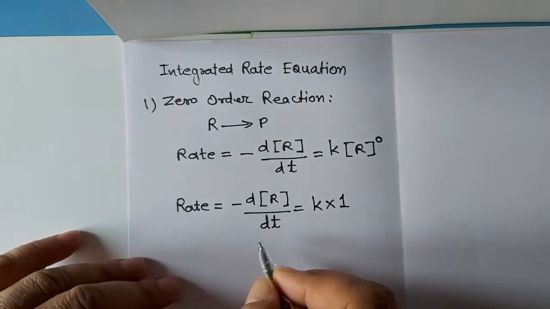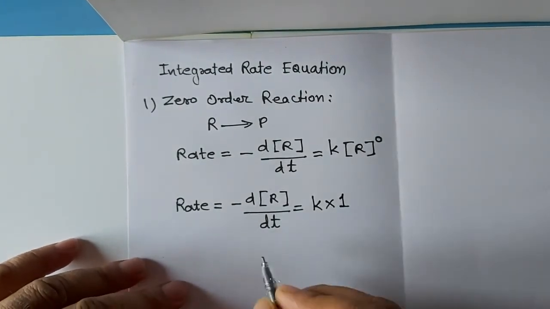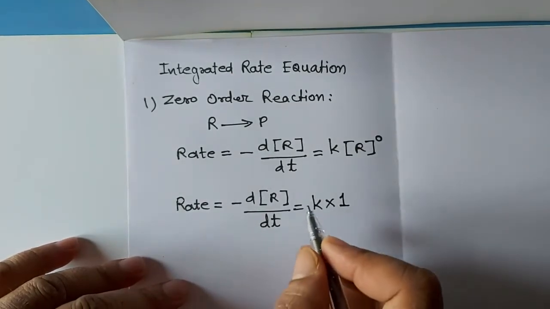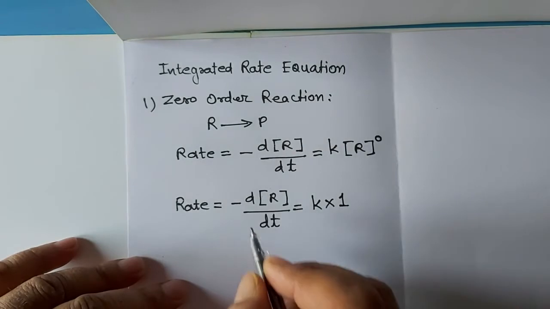So we can again rewrite it by multiplying both sides with -1.